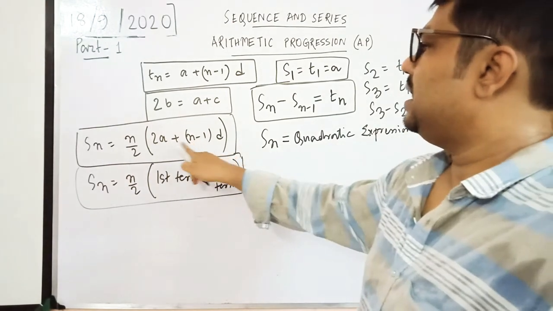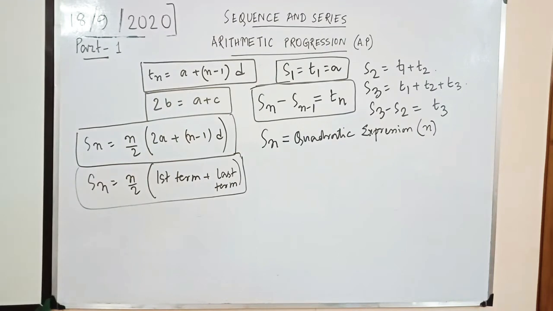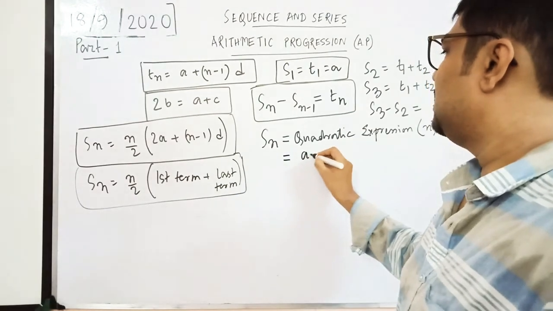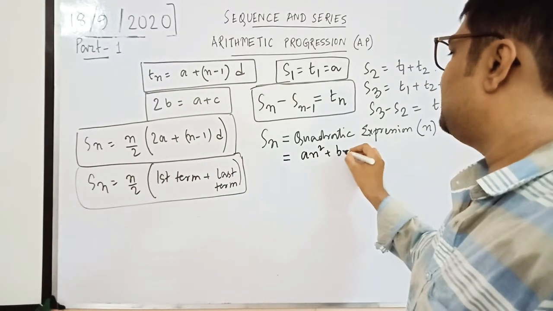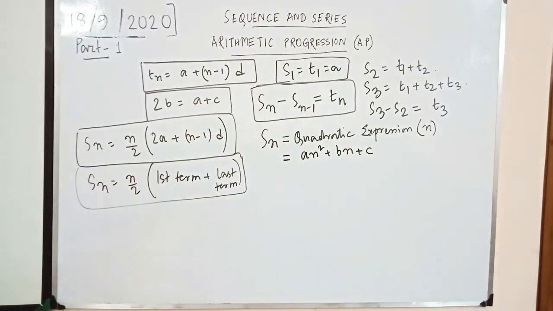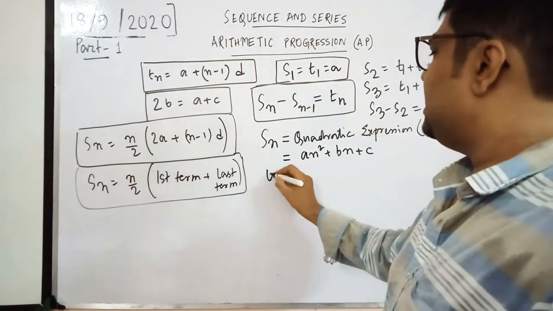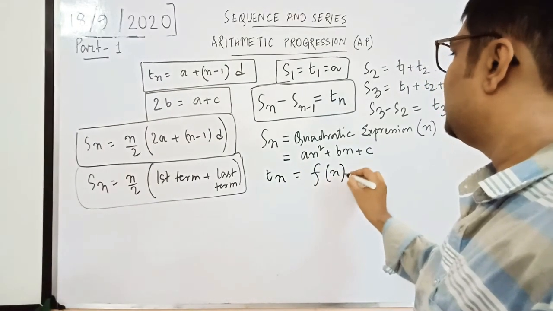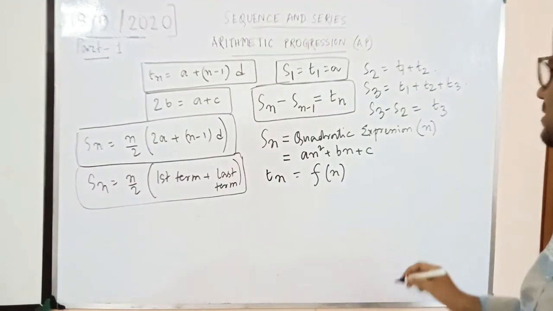Since you see here n into n square, you will get a quadratic expression, something like n square plus bn plus c. Some kind of quadratic expression or function in terms of n. And Tn will be some kind of function which is only n, so it's a linear function.